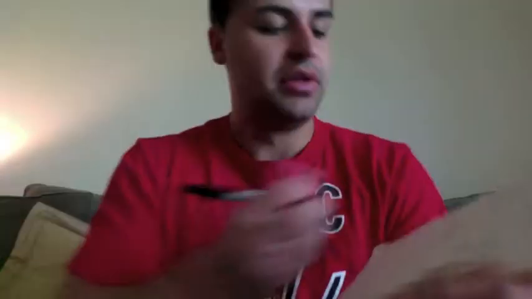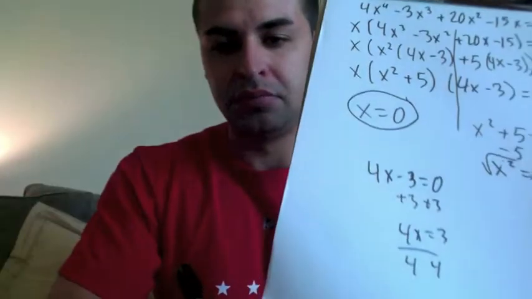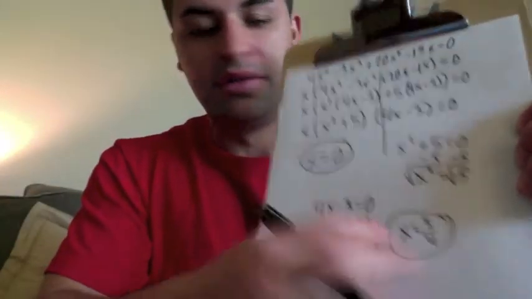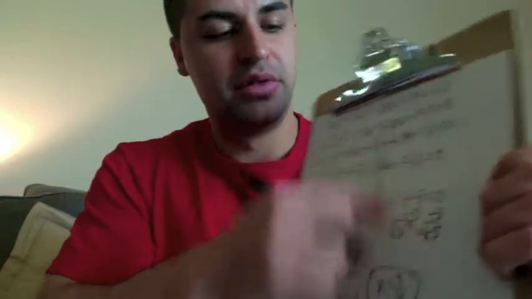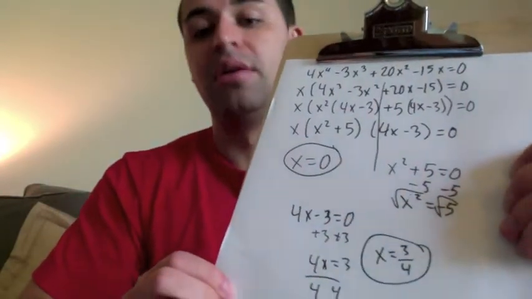So then we have 4x minus 3 equal to 0 as our last opportunity for a root. Add 3 over. 4x equals 3. Divide both sides by 4. And you get x equals 3/4. So we have two real roots, 3/4 and 0, and two non-real roots, sorry.